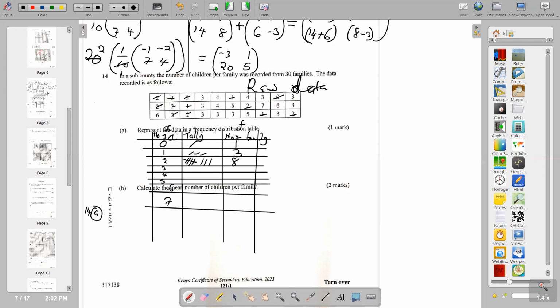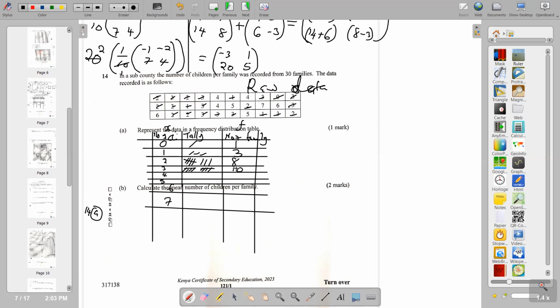And then 3: 1, 2, 3, 4, 5, 6, 7, 8, 9, 10.